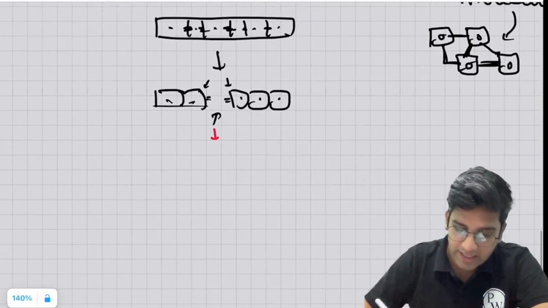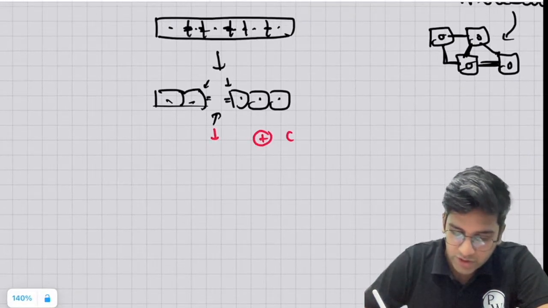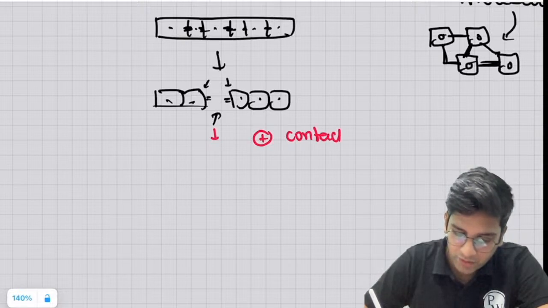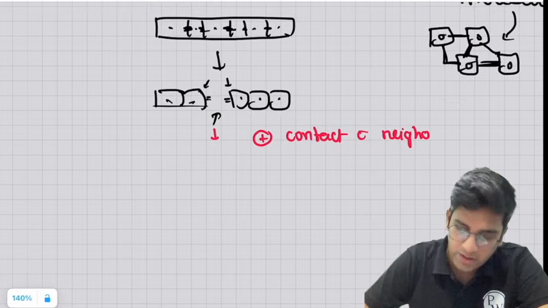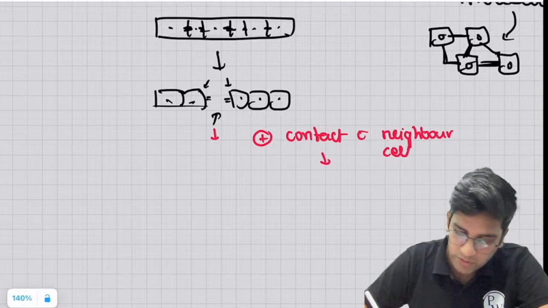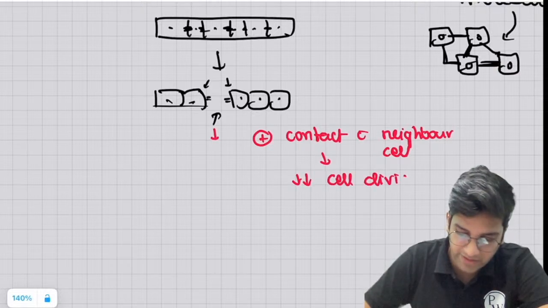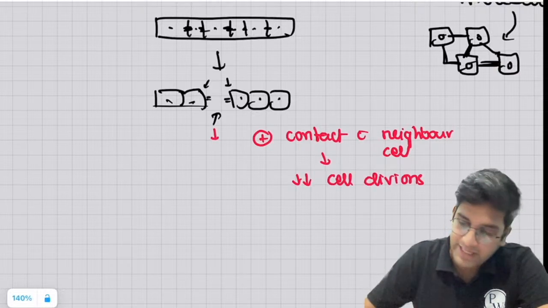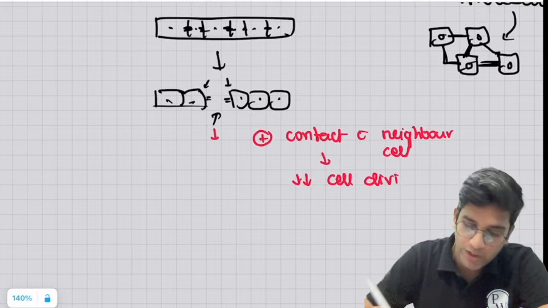So once E-cadherin is present, there is contact with a neighboring cell, which means this will reduce cell division. This is the other function of E-cadherin. If I have contact with the neighboring cell, the cells will not divide.